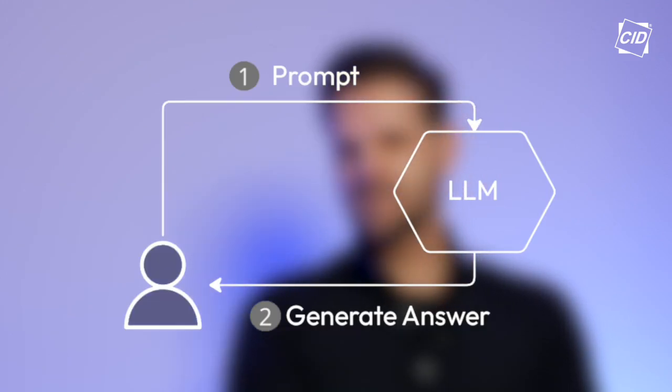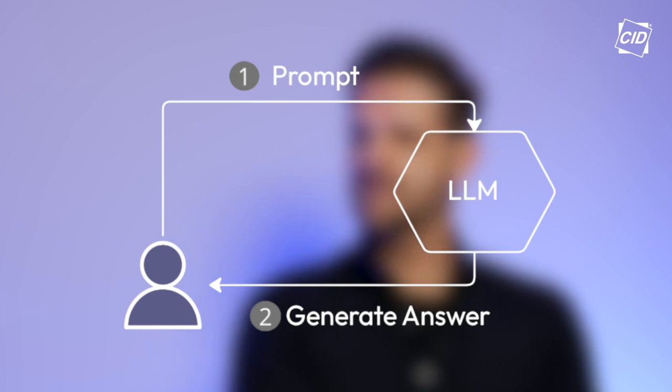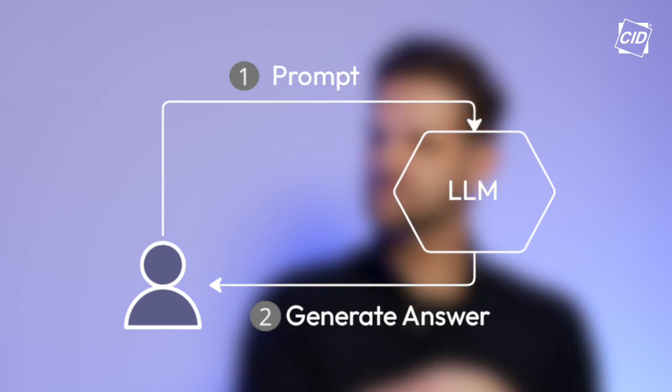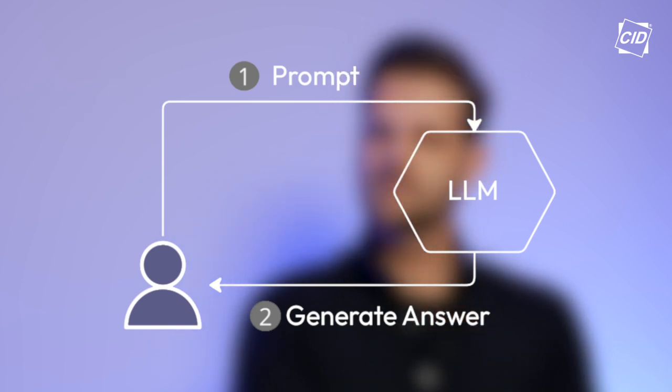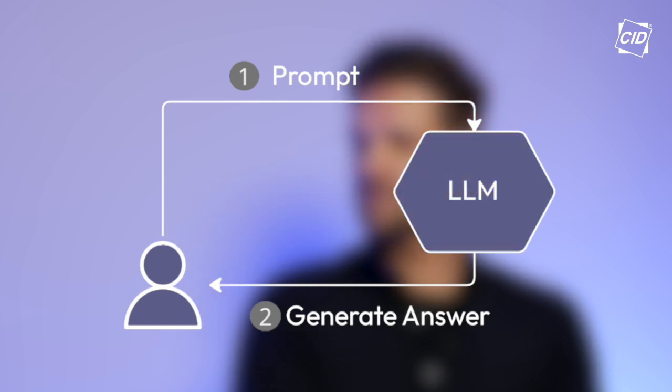The user will ask their question, and this is then called a prompt and sent to the generative AI, where a large language model under the hood will produce a great answer, and that's returned back to the user. And if you have a longer chat, then your conversation is just included as part of the prompt. So the LLM has access to all of that and produces a context-sensitive answer.